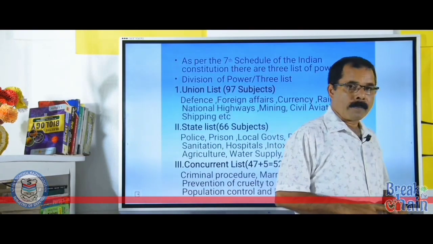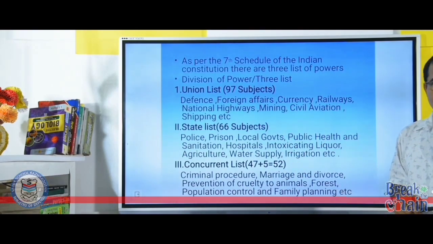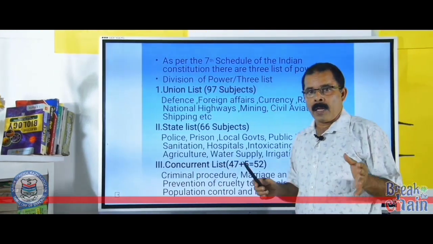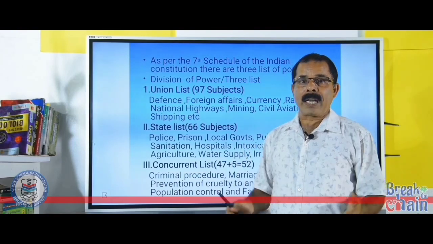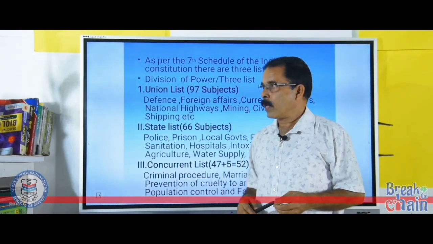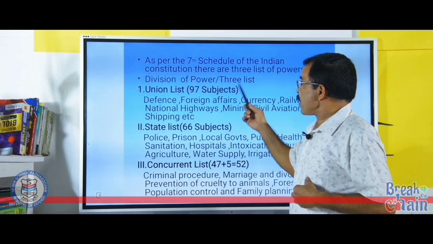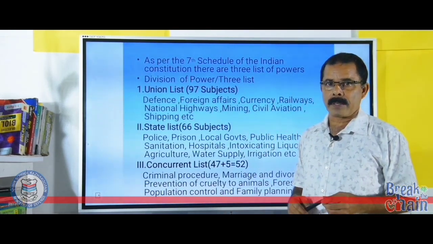Then we move on to the next topic. What are the 3 lists? I said that the powers of the state, center and the local self-governments are divided in the constitution. The 7th schedule of the constitution deals with the division of power.